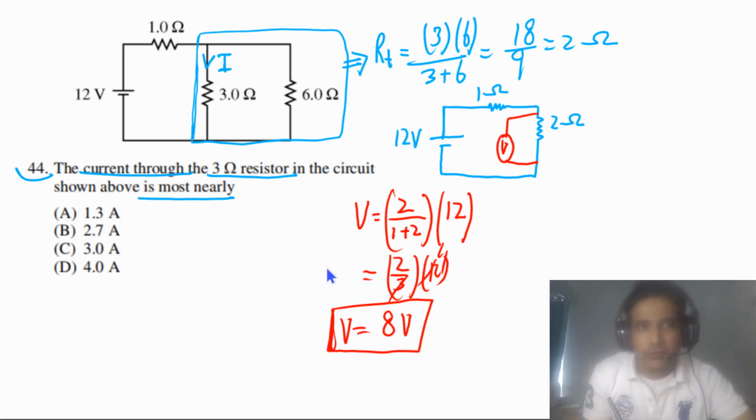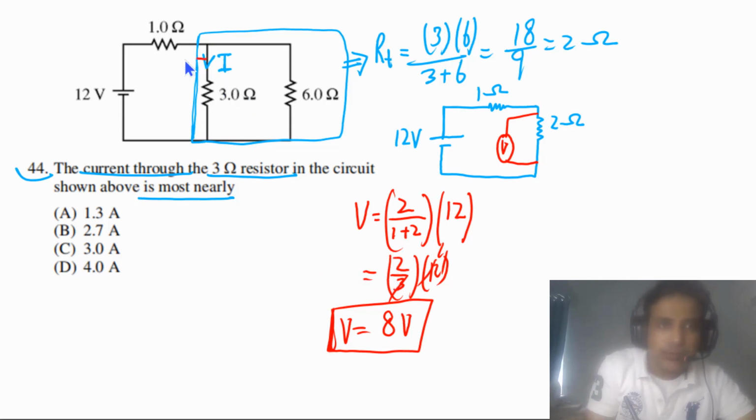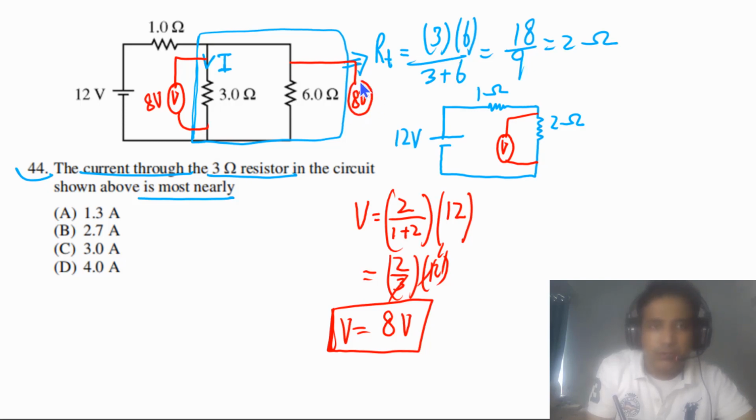So in this case, we need to understand the PD across this one has to be equal to 8 volts, and PD across this one also has to be equal to 8 volts.